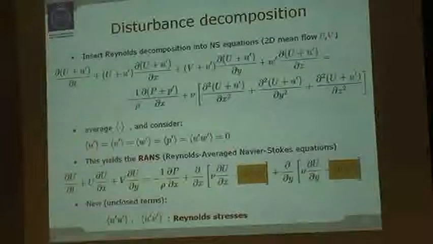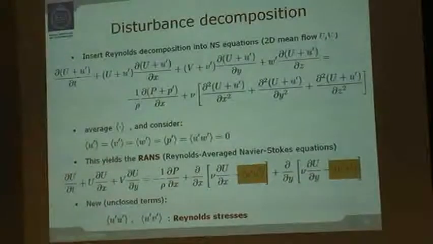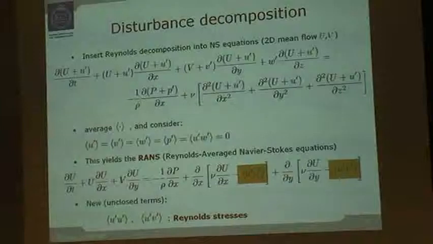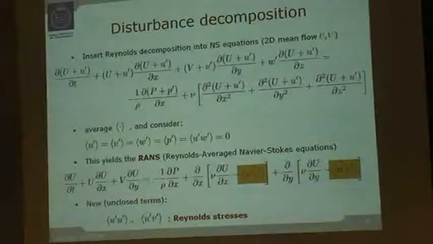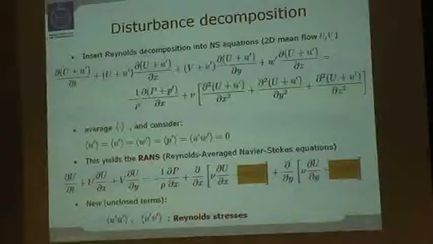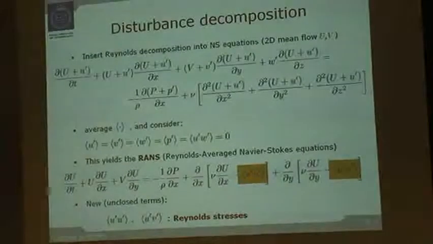Because these two terms here, u prime v prime and v prime v prime, are terms which are unclosed. So we don't have an equation for those terms. So you cannot come up with a governing equation for these two terms.